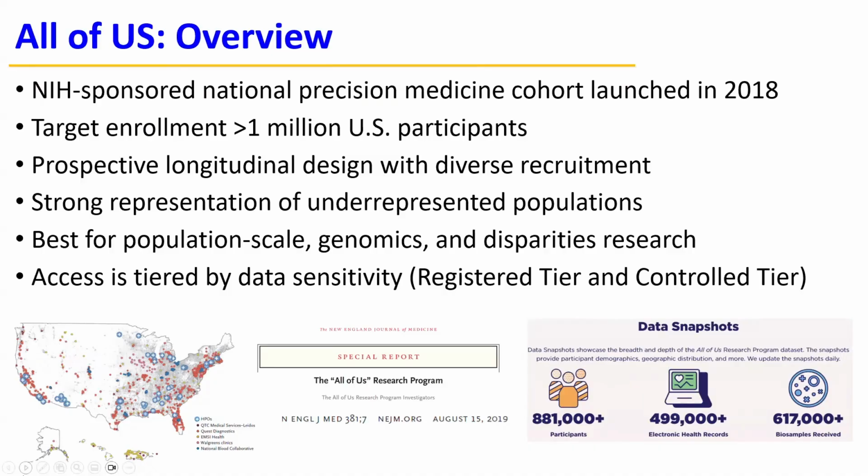All of Us aims to enroll 1 million patients across the United States, and one feature is that the population includes a lot of underrepresented groups, unlike other studies. It's really good for large-scale research and genomic and disability research. Currently we have 881,000 participants already enrolled in the study.